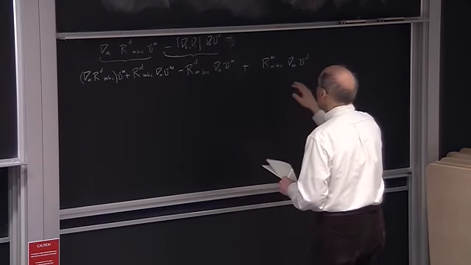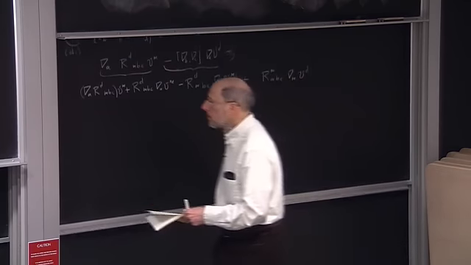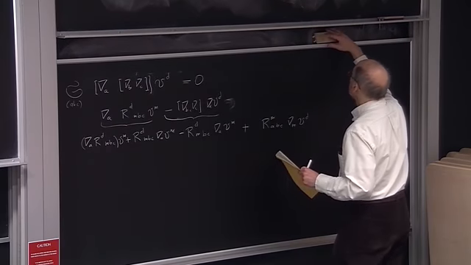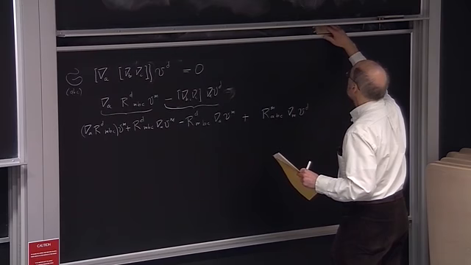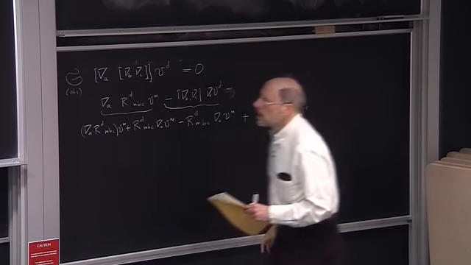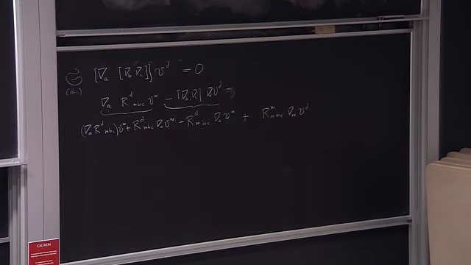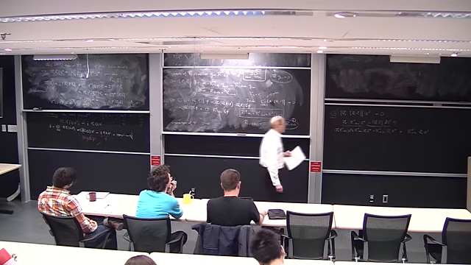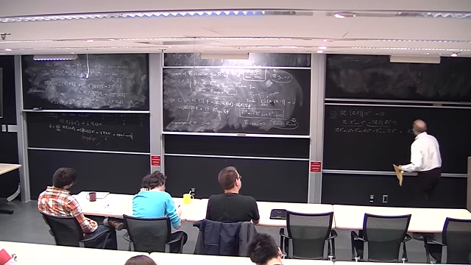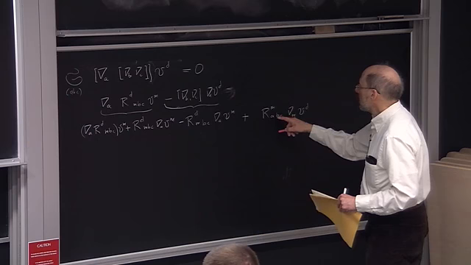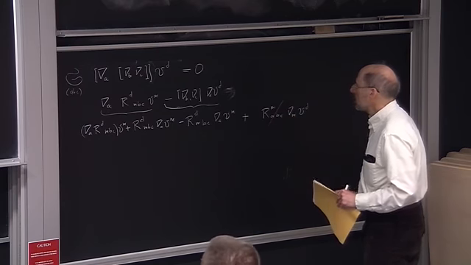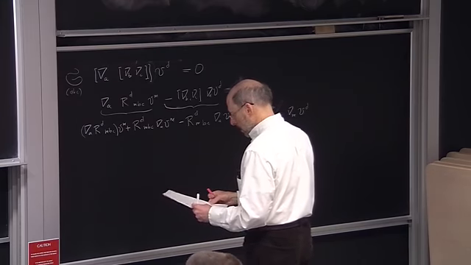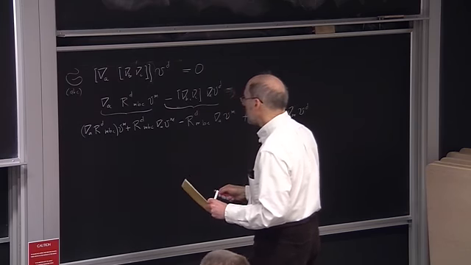Now, this one, so this one, we already know. This was applying the cyclic permutation to the Riemann tensor itself, so that's what we just saw as 0. These two should be equal if we look closely.